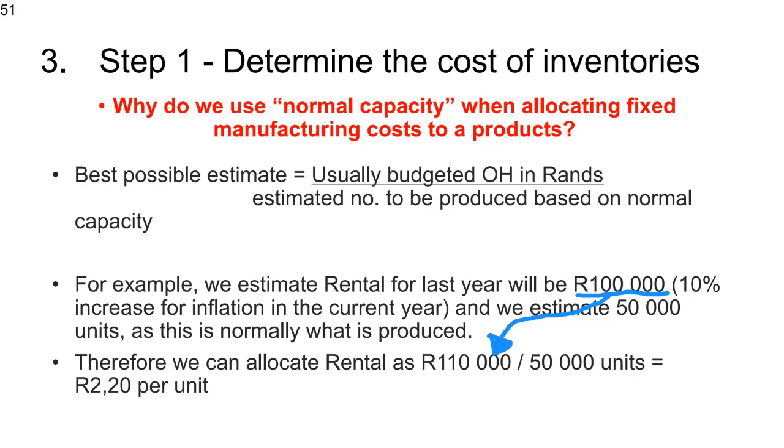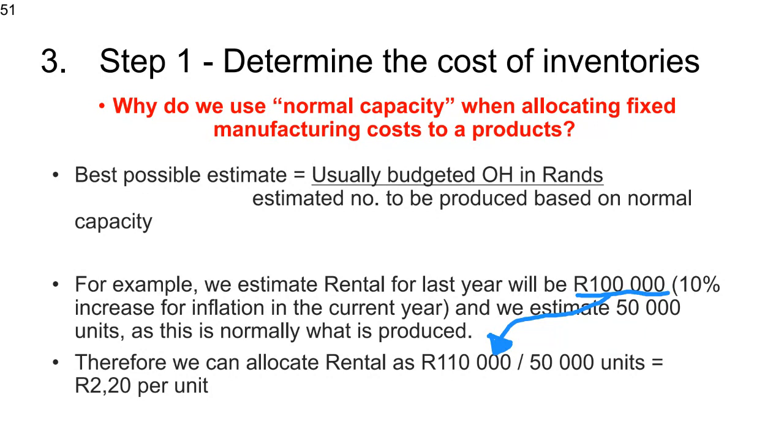Now, the next question I want to ask you is, in the food that's sitting on the table, can you see any electricity in the food? The answer is no. So electricity would be an indirect cost because it's not directly linked to the final product. You can't directly link it, but it is variable.